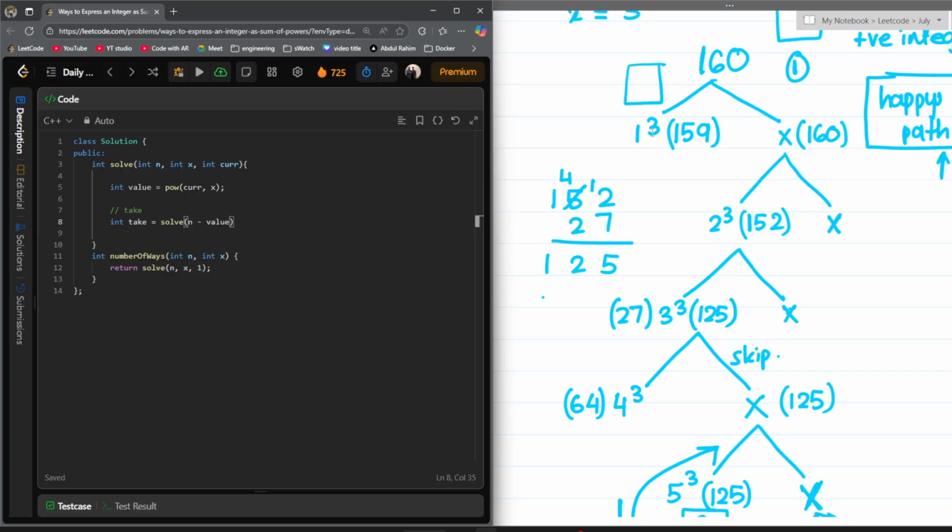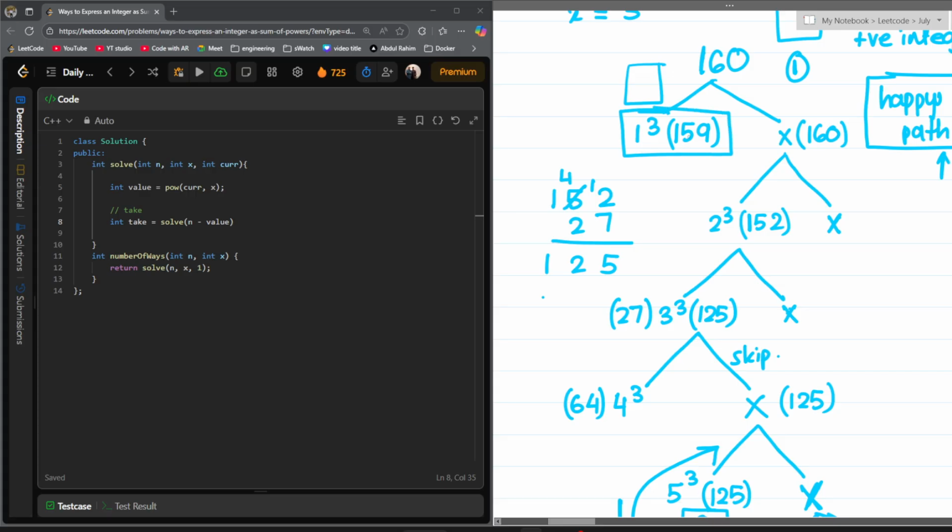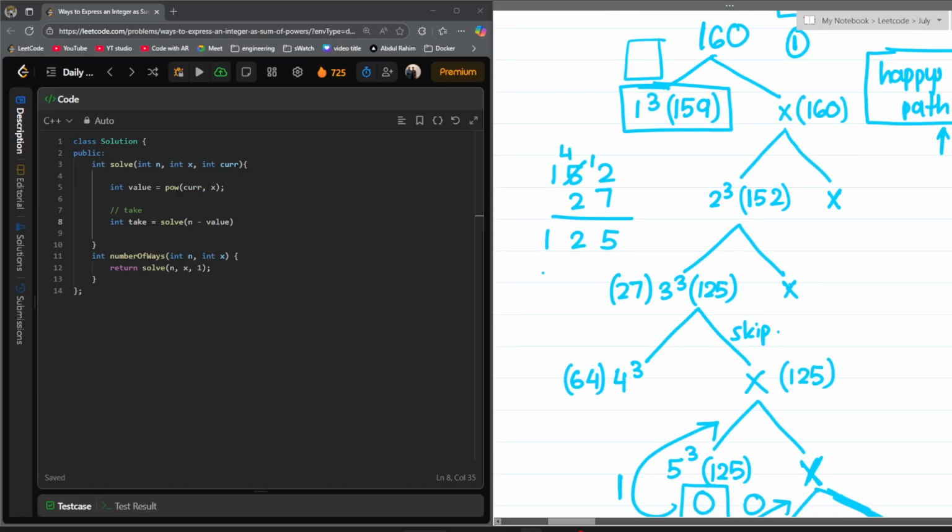Because when I take something, as you can observe over here, I subtract the subsequent value from n. So for the next recursive call, just like over here, you see, I skipped the 1, right? But I did take the 2. So what did I do? My n was 160, but for the next recursive call I had 152. So I subtracted 2 to the power 3 from 160. That's exactly what I'm doing over here, n minus value.